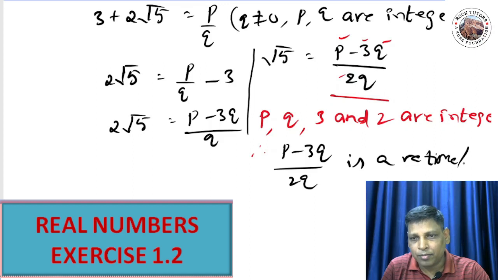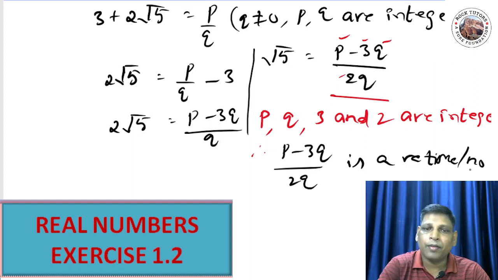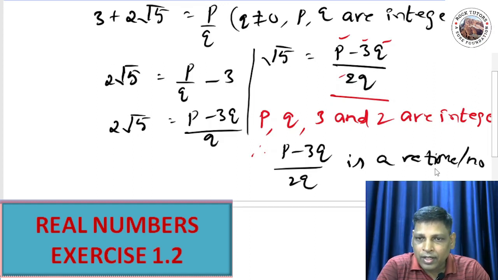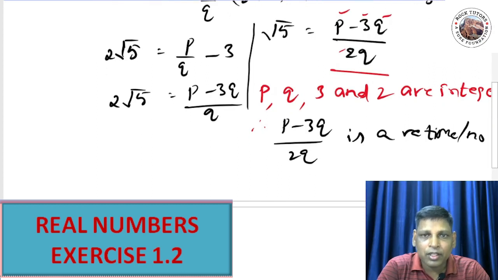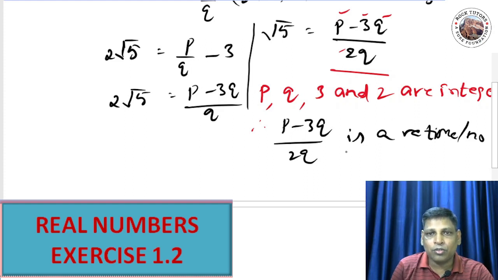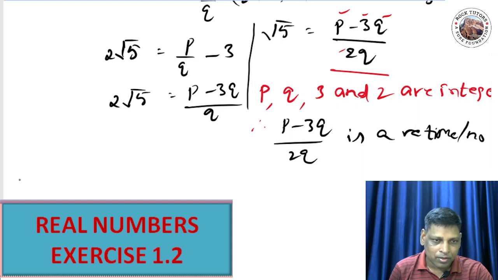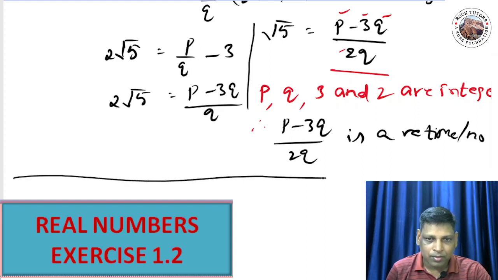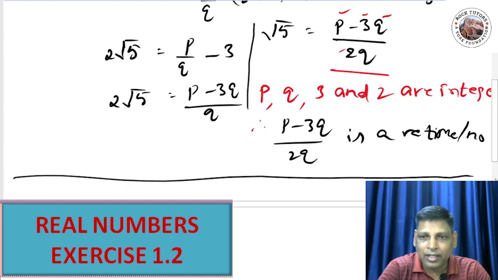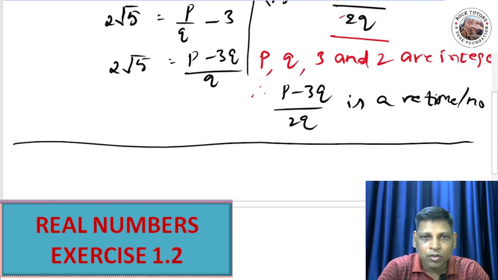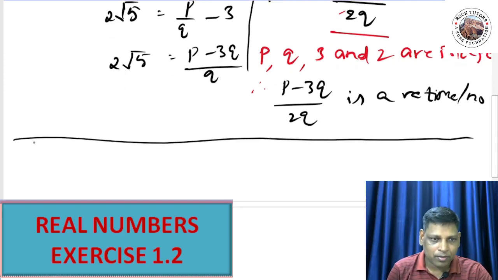LHS equals RHS, so if this part is a rational number, that means root 5 is also a rational number.